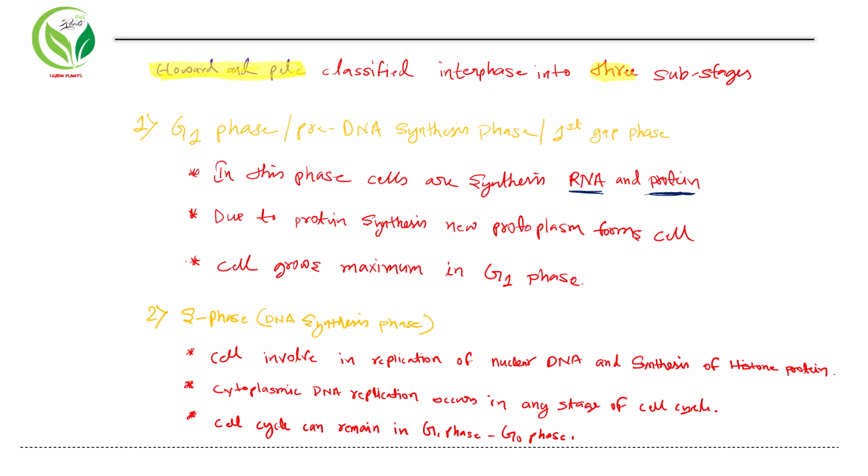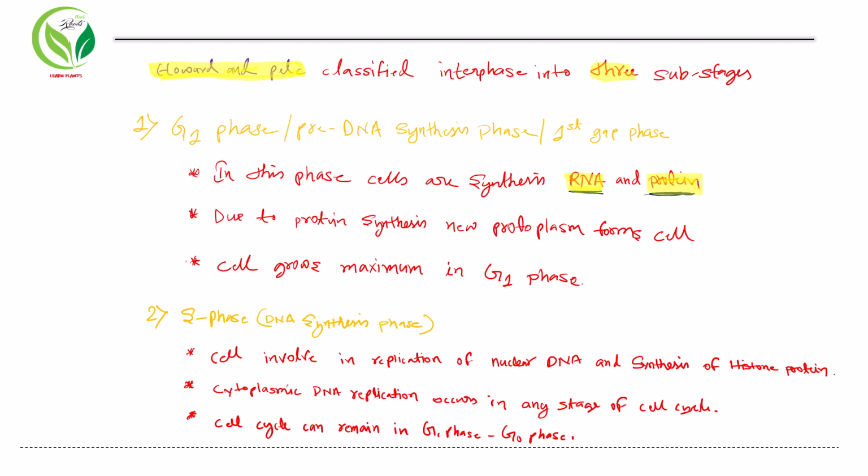In this phase the most important things are RNA and protein, so you can note it down, RNA and protein. Whatever I have mentioned here, you can note in your notes as you prefer. In this phase, cells synthesize both RNA and protein.